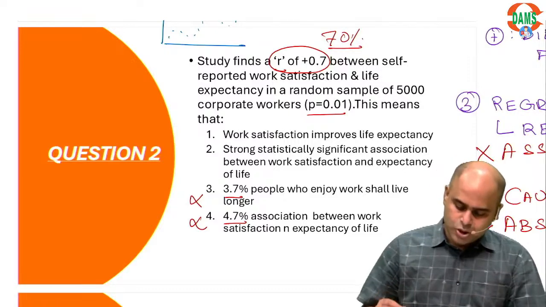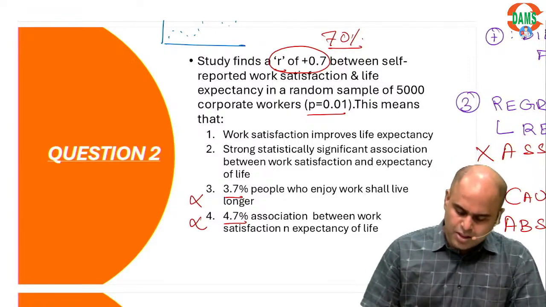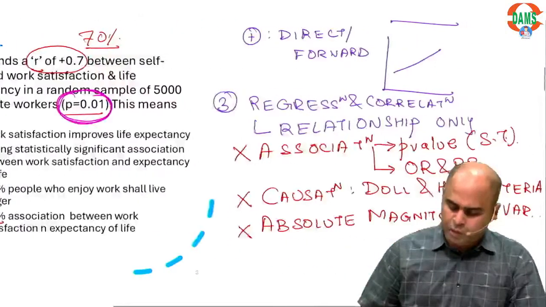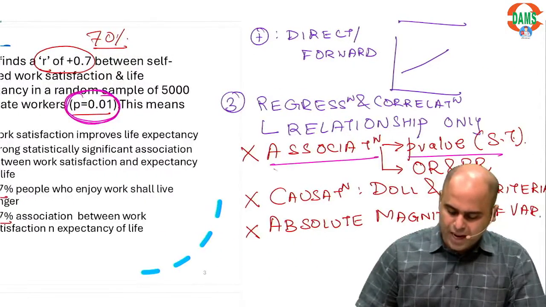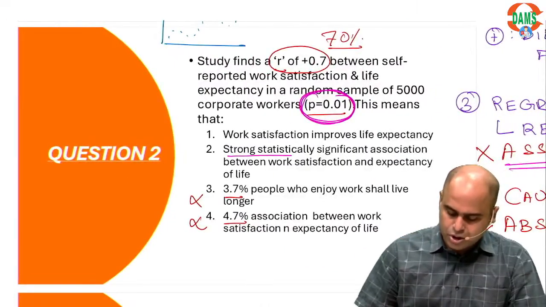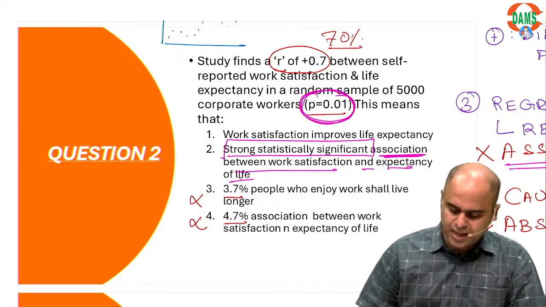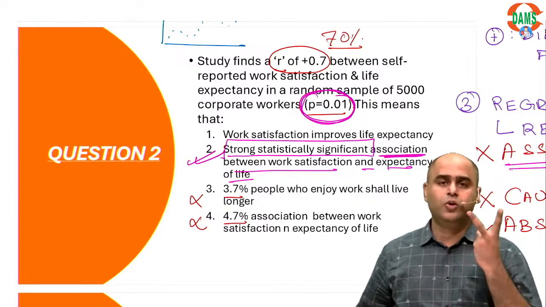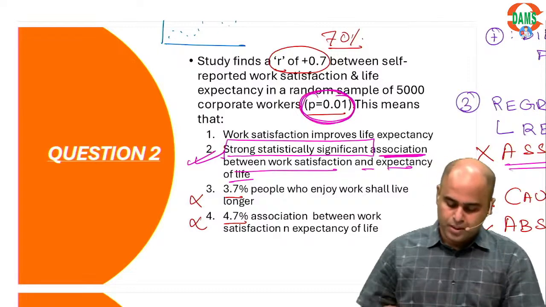In this question, because they have given a p-value as well, and we know p-value tells you about association, the answer was a strong statistically significant association between work satisfaction and life expectancy. The answer to this question was 2.